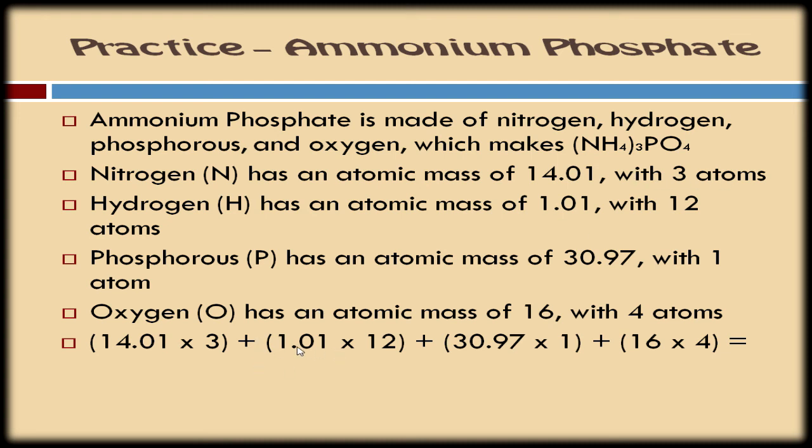You get 1.01 times 12, which has 12 atoms for hydrogen, and you get 30.97 times 1, which you don't have to write, but I'm just showing you for the video purposes. It only has 1 atom, so you multiply it by 1. And oxygen has an atomic mass of 16, so you do 16 times 4 since it has 4 atoms. And the answer is 149.12 grams per mole.